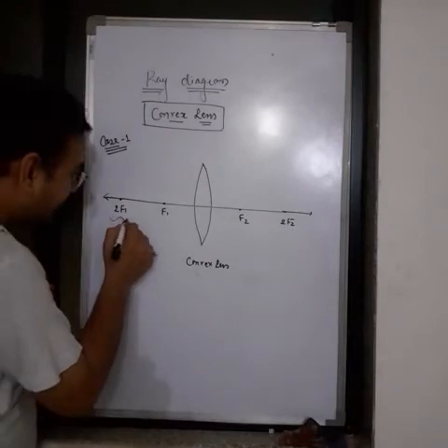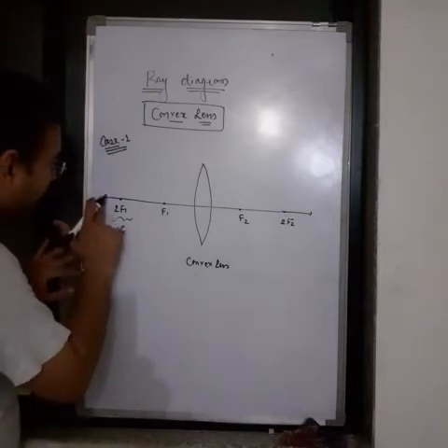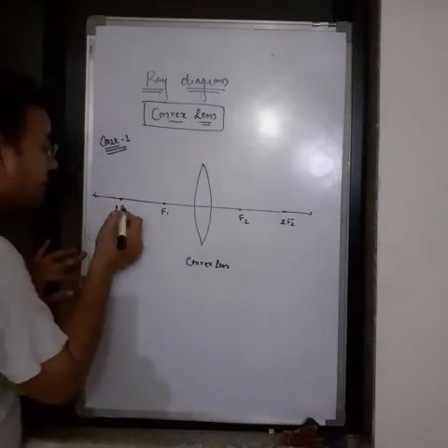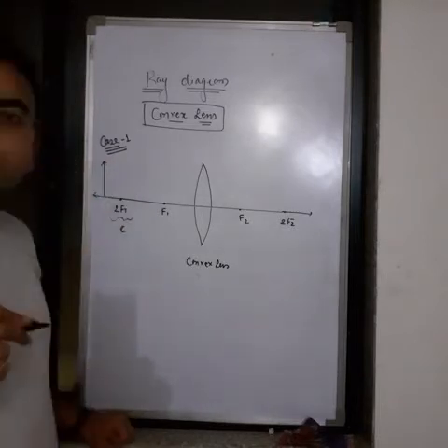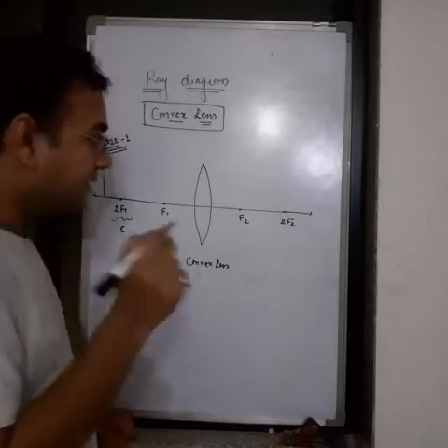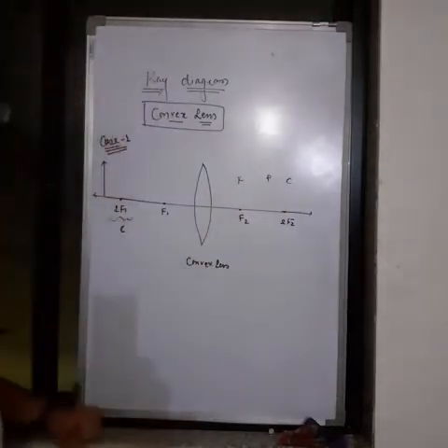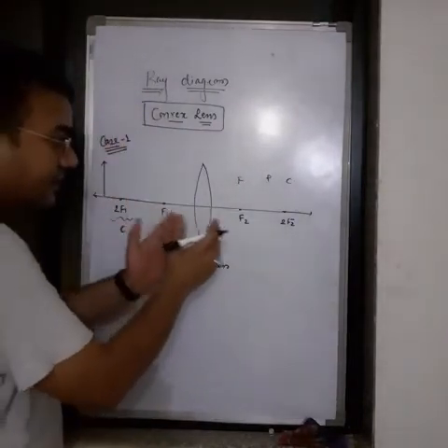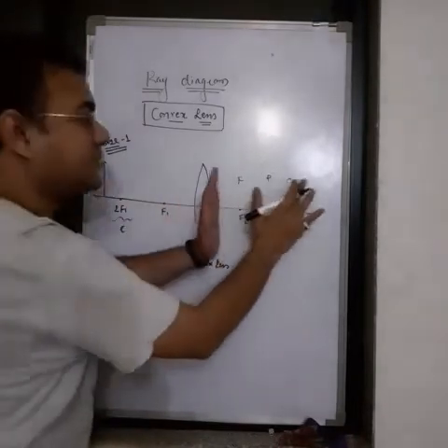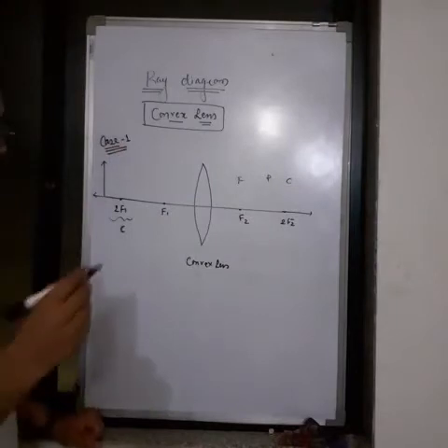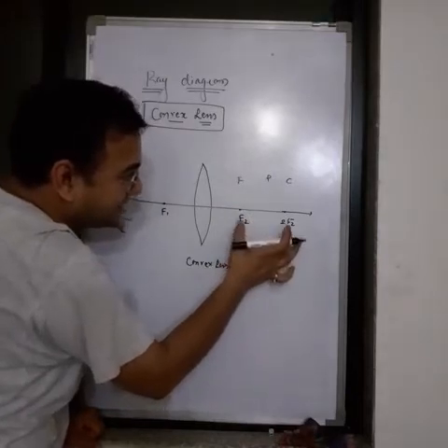If we consider this is the C, and if our object is beyond this C, then our image is between F and C. So here this part we are going to concentrate for the object, and this part for the image. So here my object is beyond C, so the image is definitely going to be formed between C and F.